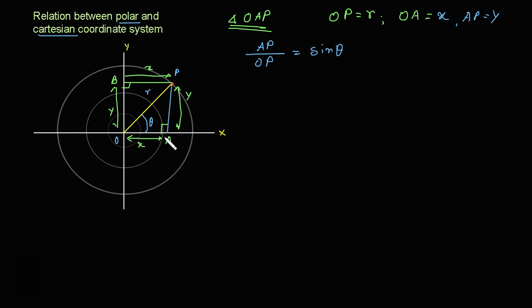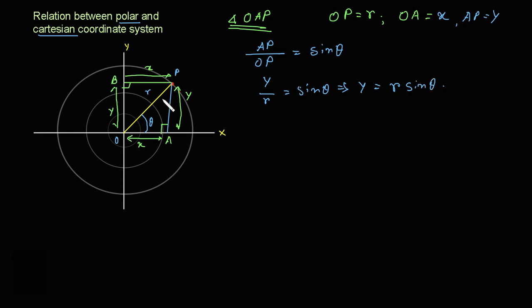From trigonometry, you can see that this AP by this OP gives us sin theta. So AP is y and OP is r, and it is sin theta again. So y equals r sin theta.